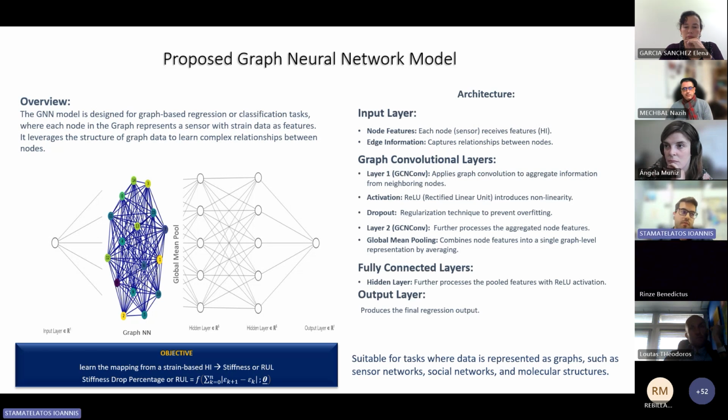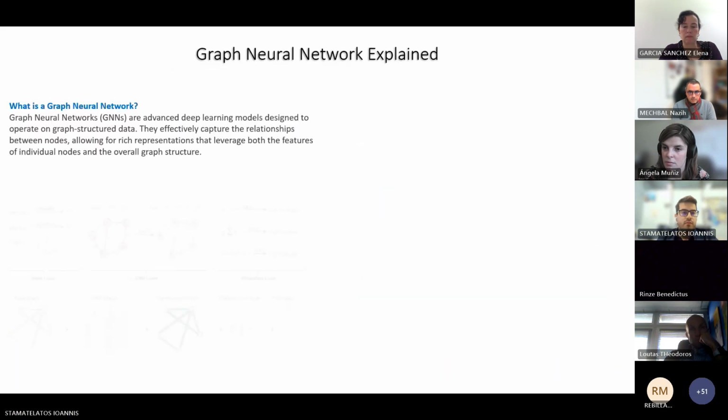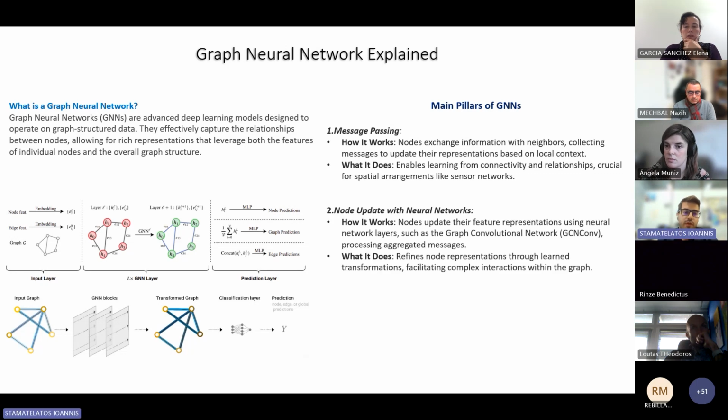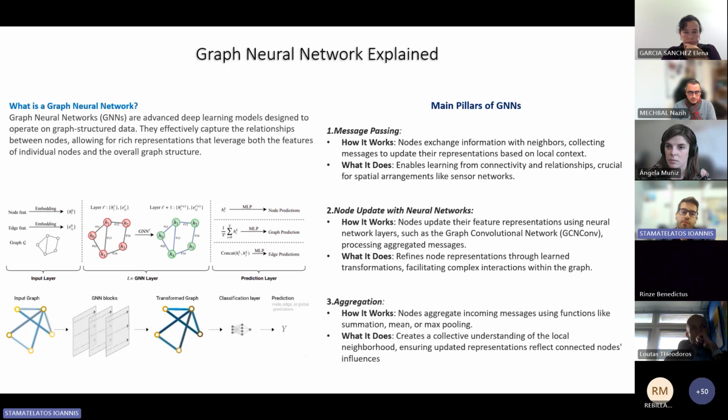Many of you maybe know this kind of neural network that is used in social networks like Facebook, or for molecular structures that have a spatial formation. And some brief overview of what is a graph neural network. You have an input layer that you pass the data.